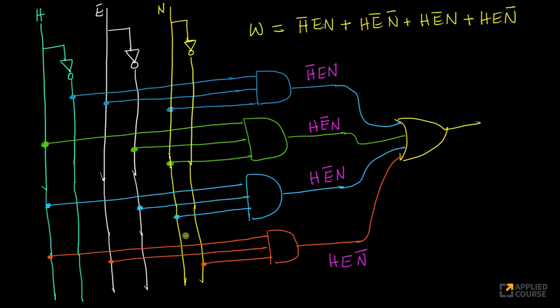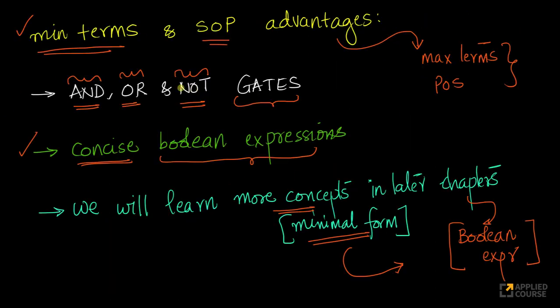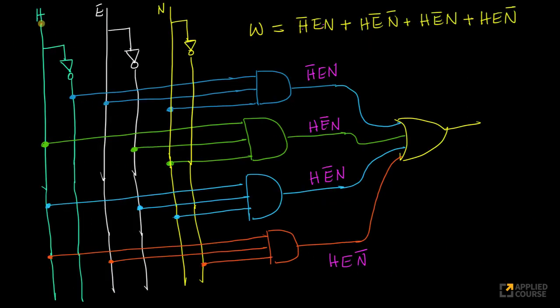Now, if you have to design a circuit, as I just mentioned a couple of minutes back, all we need is AND gate, OR gate, and NOT gate. So let's actually design this. Imagine that my ADC, my A to D converter, is giving me the H value here, the E value on this wire or connection, the N value here, right? So I take this connection and I place a NOT gate here. So what do you have here?